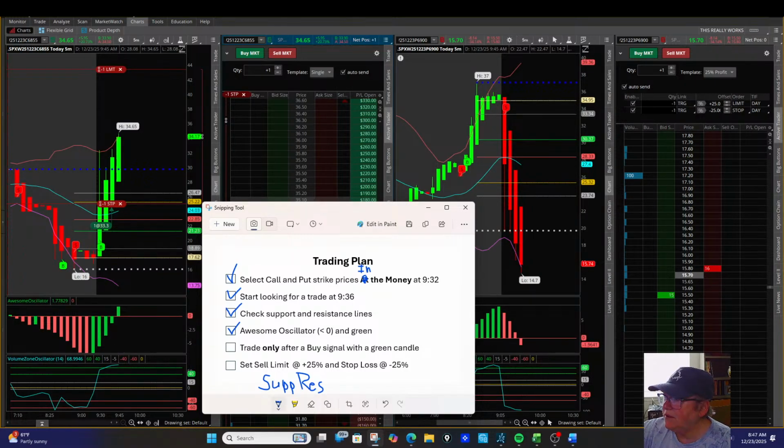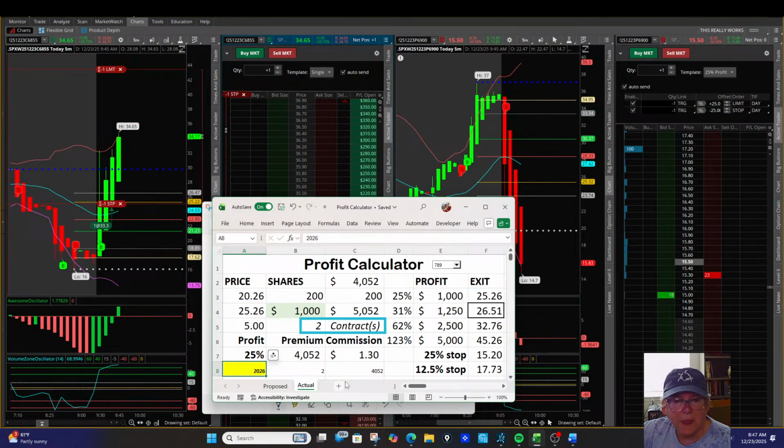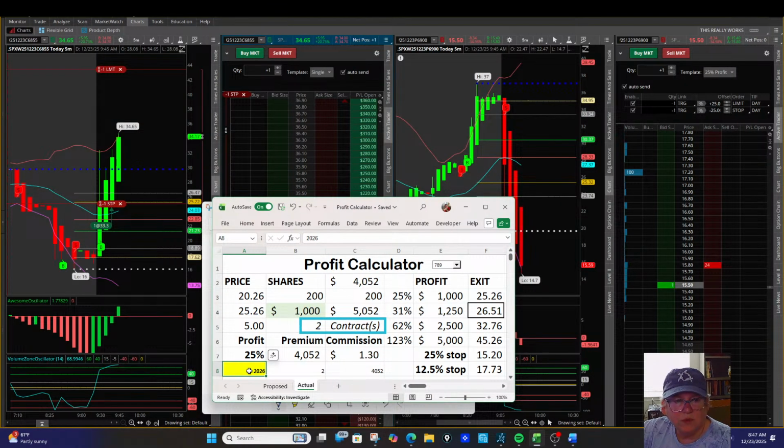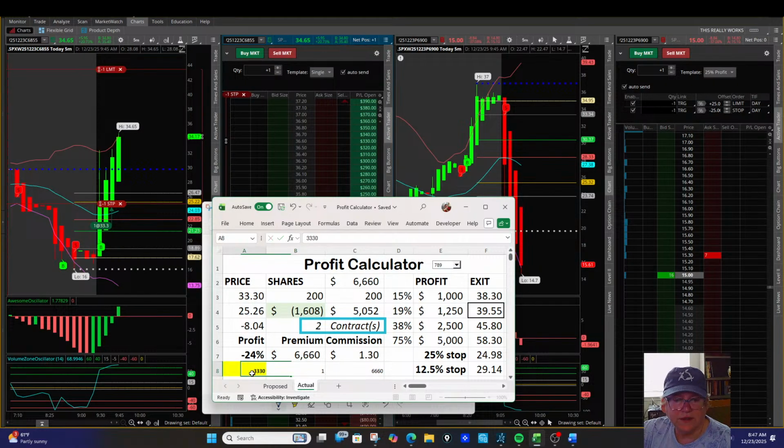The price I paid for this was, let me bring the profit calculator over here a minute. The actual price was $33.30. One contract. So this tells me if I want to make 1,000, it's got to go to 43.30.